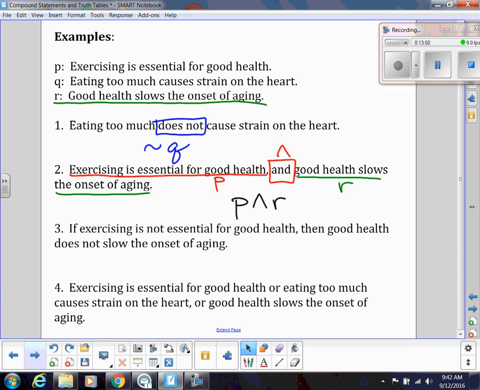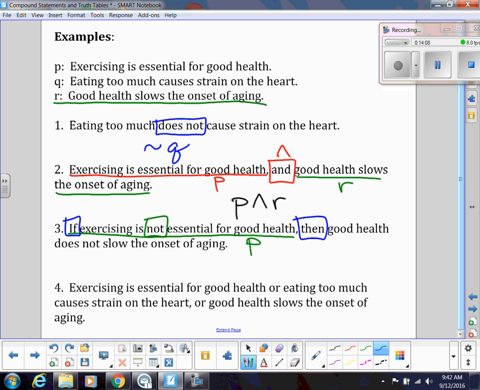Number 3, if exercising is not essential for good health. So that's the P, but it's negated, right? So that's P, but we have the not there. And also notice that it started with if. So when you see if, look for then. That's going to mean that we have that arrow. And then we have good health does not slow the onset of aging. So that's going to be the R. But again, I have the does not, so I have a negation.